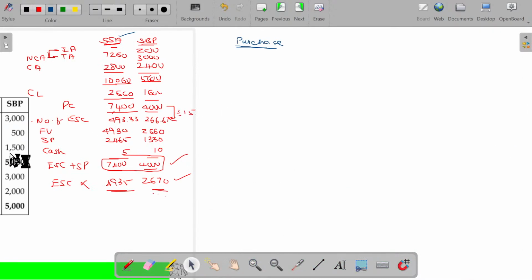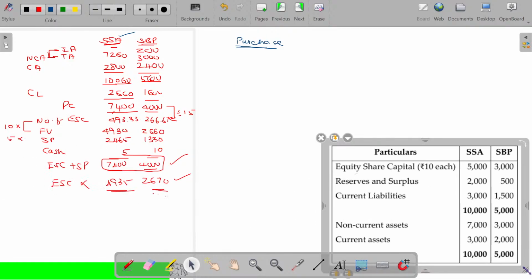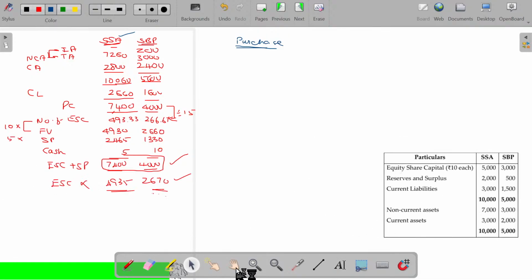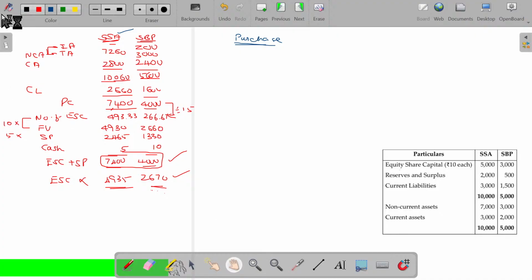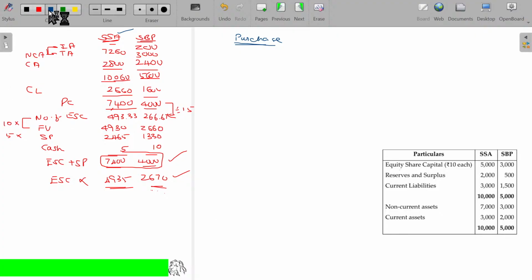I need this one for pooling of interest method, not now. Under purchase method, I have to consider only realizable value. Okay. Business purchase account debit to liquidator of SSA as well as to liquidator of SBB.